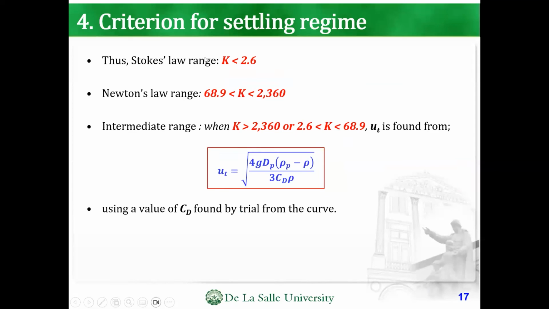Whereas for the summary, look at this. The Stokes' law range is when the Reynolds number is less than 1 or when K is less than 2.6. The Newton's law range is when Re is greater than 1,000 but less than 200,000, or when K is 68.9 and less than 2,360. Whereas if it's greater than 2.6 but less than 68.9, or when it is much greater than 2,360, UT can be found in this form, just the general equation.